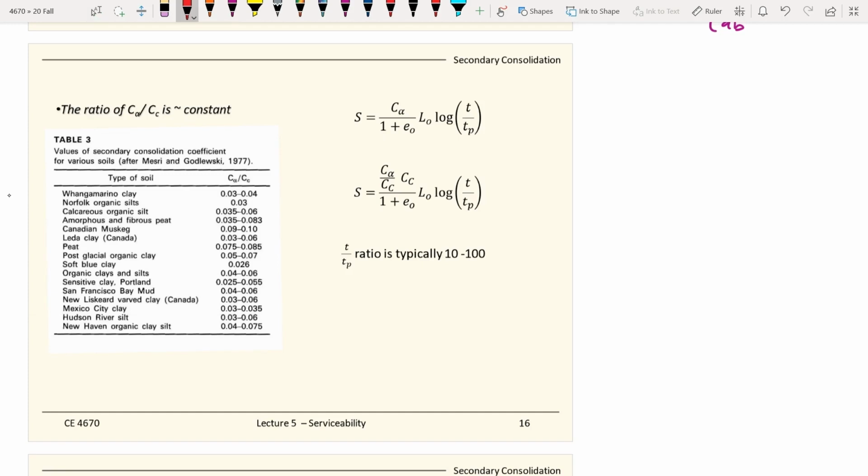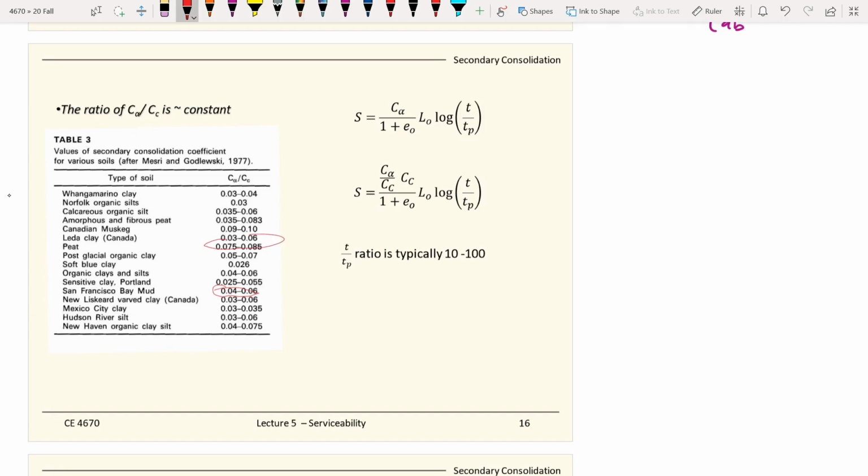For a classic material like San Francisco Bay mud, you have this number. You have other problematic soils like peat.